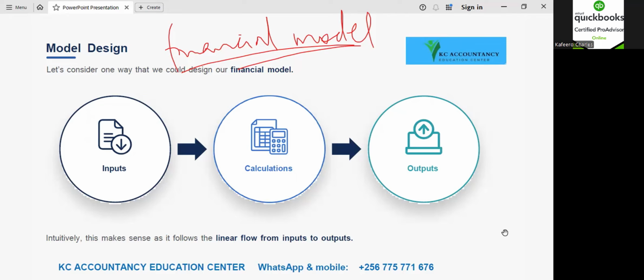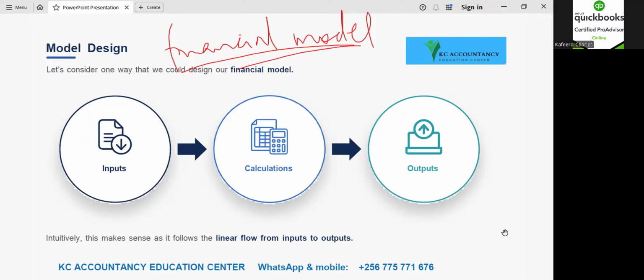Yes, we may finally get the financial model as our outcome. But it is the financial model that is going to help us get a solid understanding of the underlying business or the underlying transactions of our business.